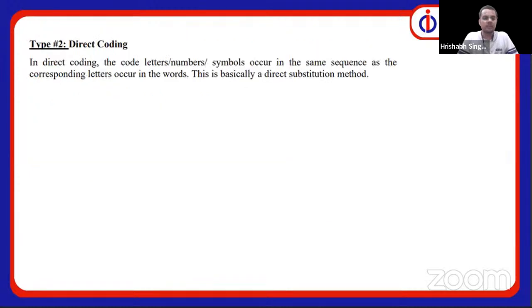Okay, fine. Now direct coding. In direct coding, the code letters, numbers, symbols occur in the same sequence as the corresponding letters occur in the words. So ये क्या है? Direct substitution method. ठीक है?